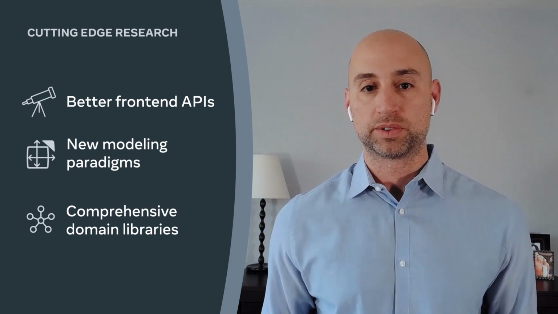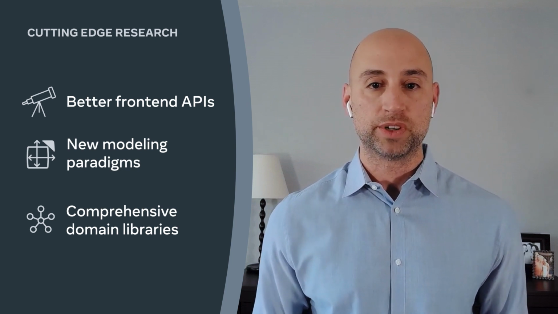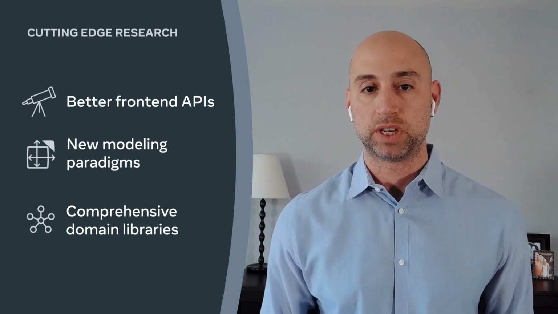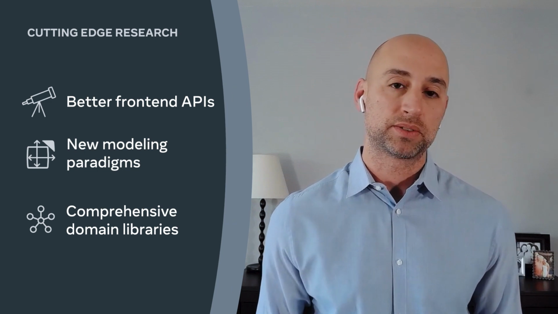There are a number of subfields in AI, like computer vision, language modeling and translation, as well as reinforcement learning that are very specialized. And these different areas require layers, models, data sets, and primitives that are unique to them. So in order to innovate, we need to provide a number of different domain libraries or work with the community to develop them.